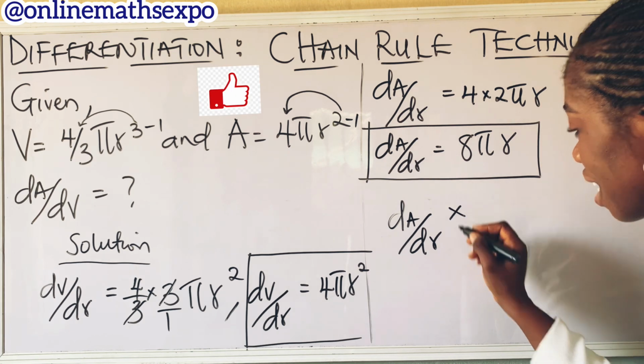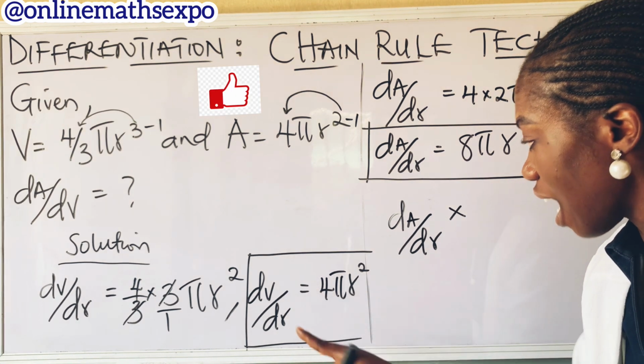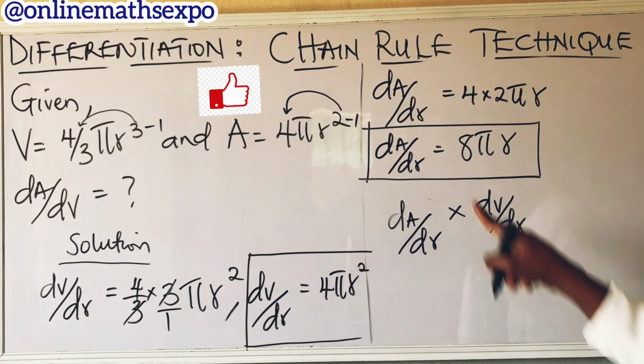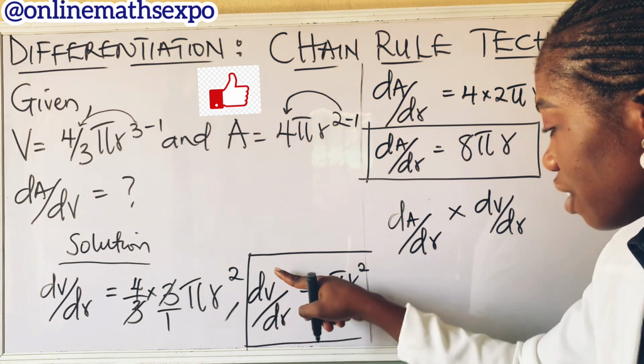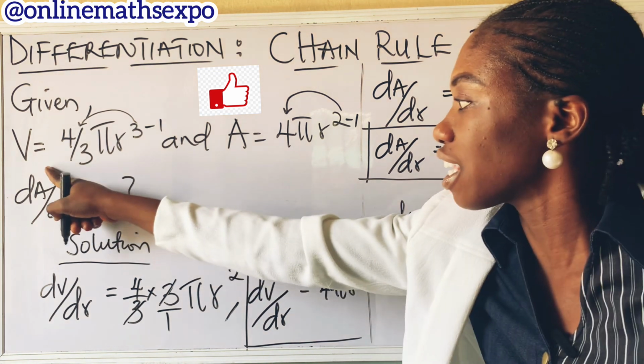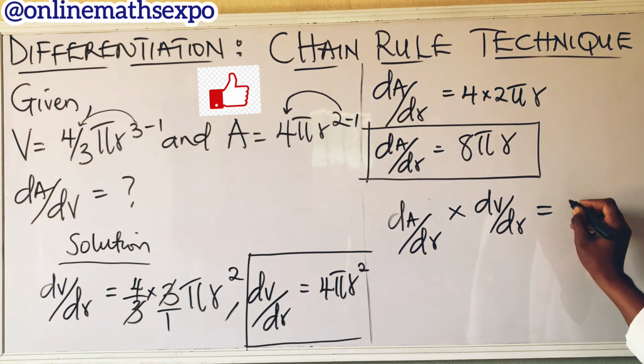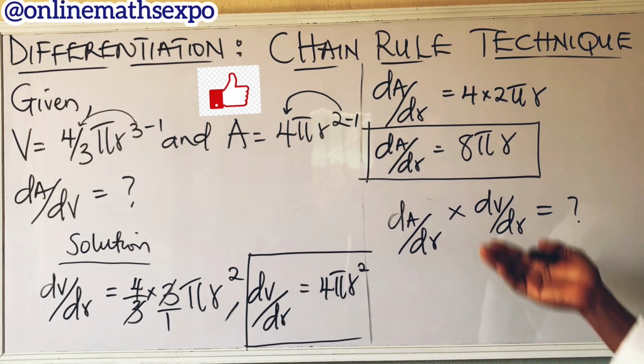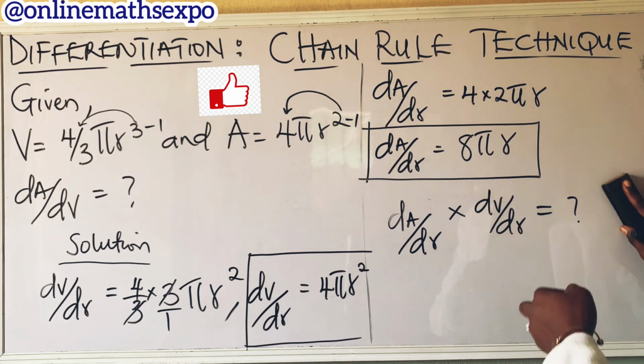If I multiply it with the V, the R, let's see what we have. The A, the R multiplies the V, the R. Can it give us the A, the V? No, because this cannot go. We can't get it.